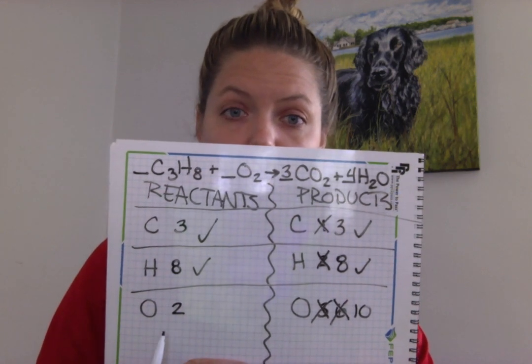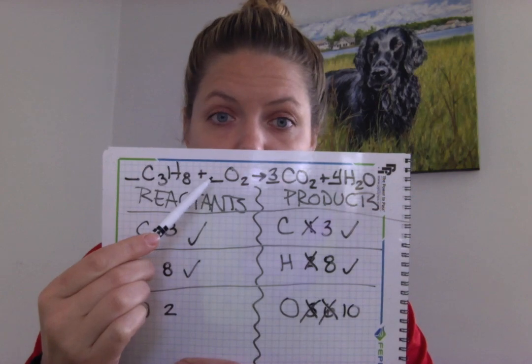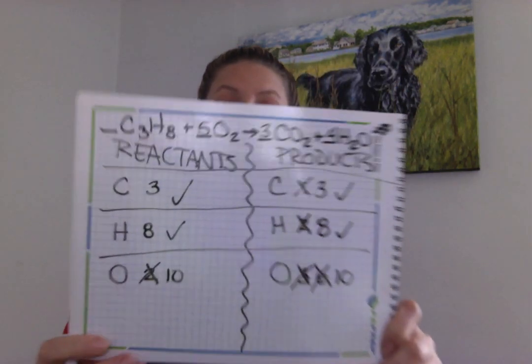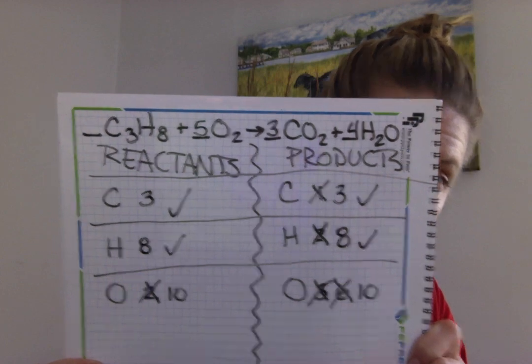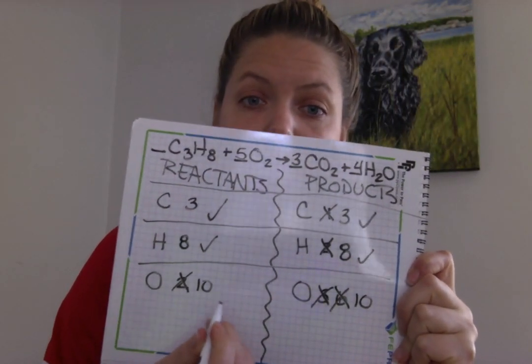What can I do? 2 times what can give us 10? What coefficient's going to go here? 5. As soon as we put that 5 coefficient in front of the O2, we have a balanced equation.